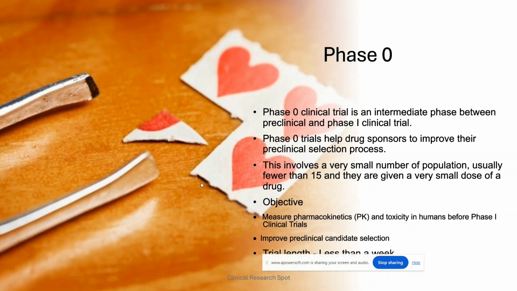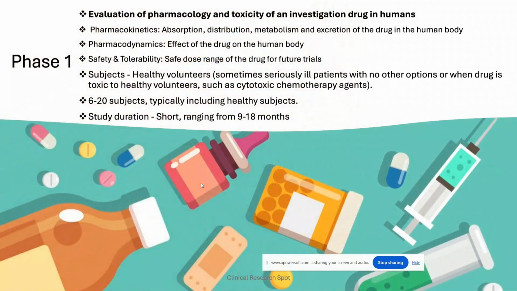The researchers also gather preliminary pharmacokinetic and toxicity data in humans before the phase 1 study from this phase 0 trial. Once they complete the phase 0 trial, they can move to the next phase, that is phase 1.